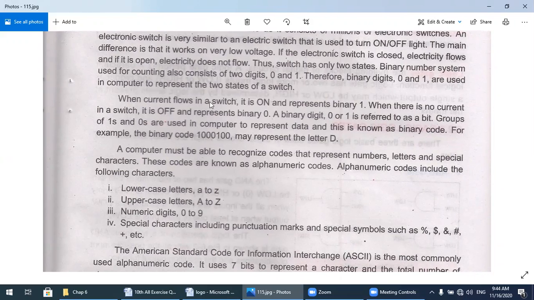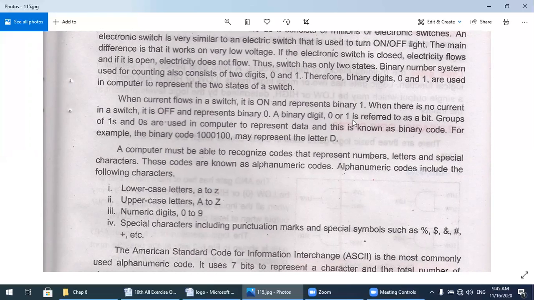When current flows in a switch, it is on. It means that its state is 1 and represents binary 1. When there is no current in a switch, it is off. When you put on the bulb, there is current inside, so it is 1 or on. When the switch is off, it is in the 0 state, or you can say the off state.